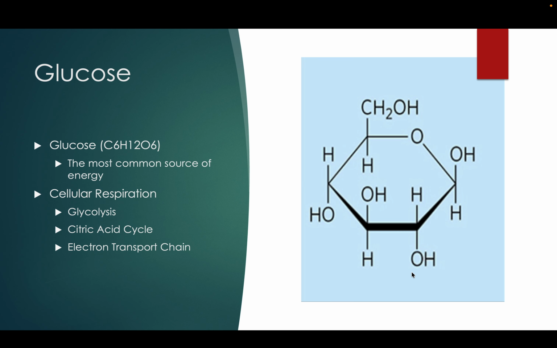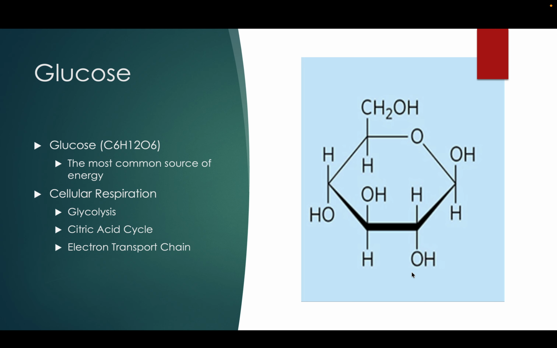So to start this presentation, I'm going to begin by talking about glucose. Glucose is the basic molecule that all of the principles are based upon. Glucose is the most common molecule that is used for cellular energy. Glucose is broken down into energy in a process that is known as cellular respiration. This process begins with glycolysis, where glucose is first broken down.